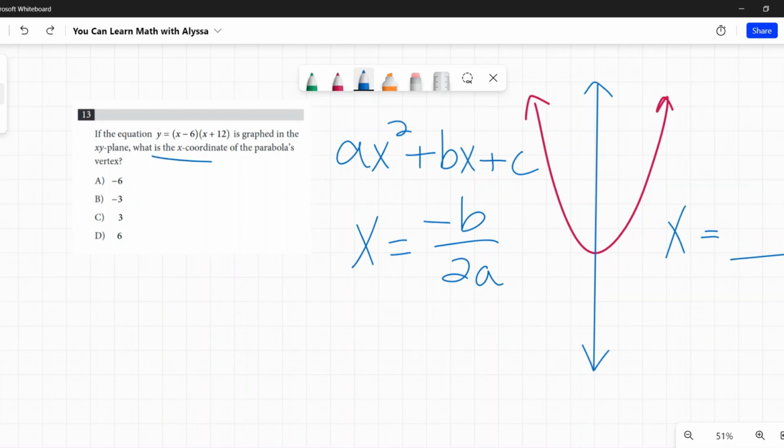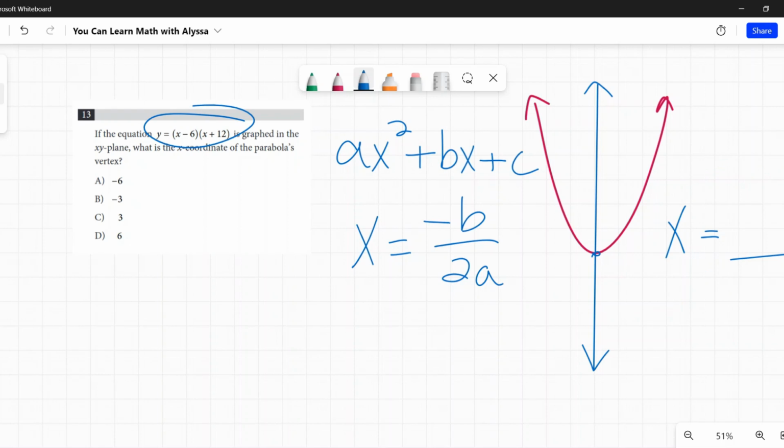You might be saying, but they didn't ask for the axis of symmetry. They asked for the x coordinate of the vertex. Yes, but this axis of symmetry goes through the vertex, and it's an x equals line. So wherever this vertex is, its x coordinate is going to be the same as this line.